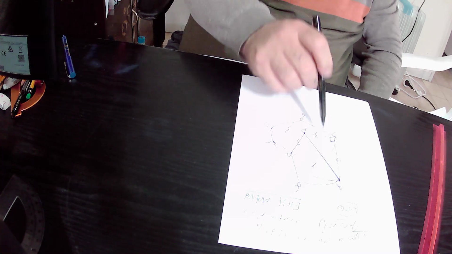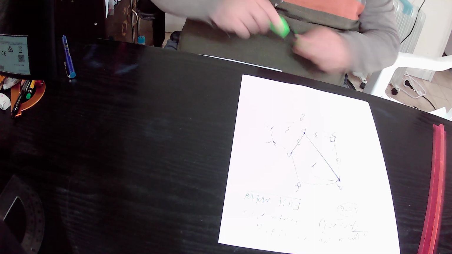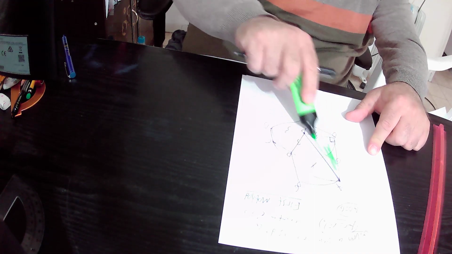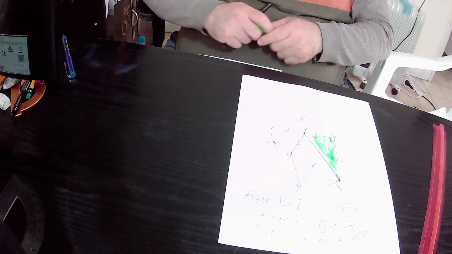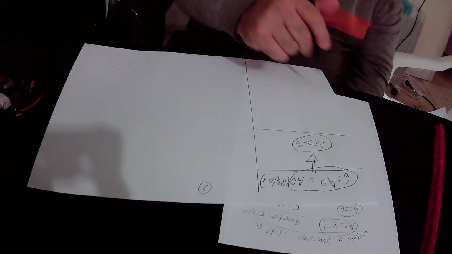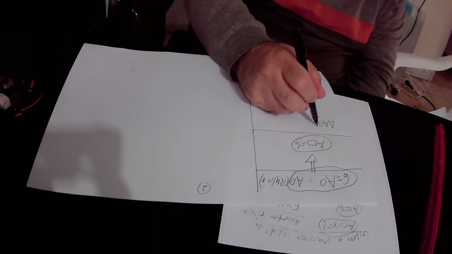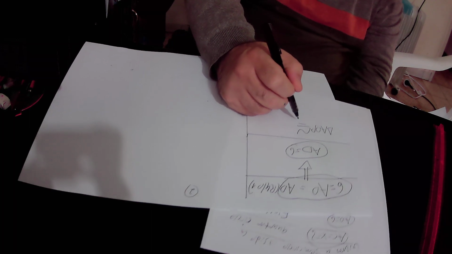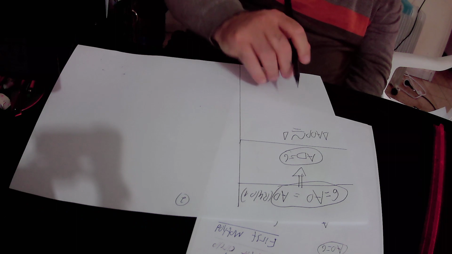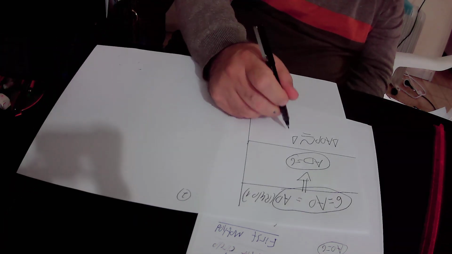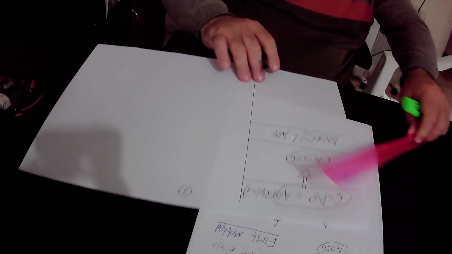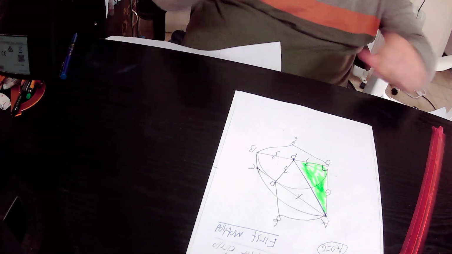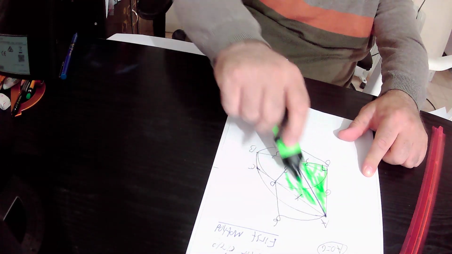We prove that triangle AOP, this right triangle, is congruent, this is the sign of congruent, to triangle ADP, this right triangle, triangle ADP.